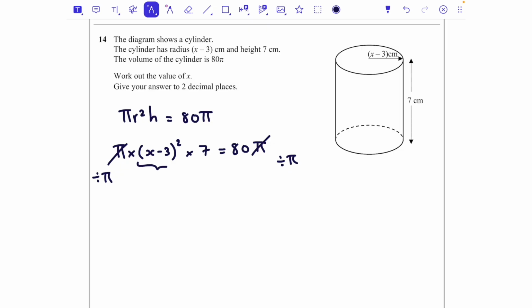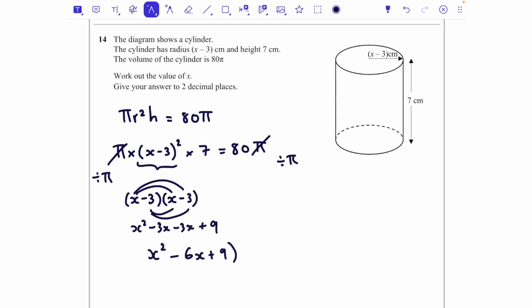When we have a bracket squared, you need to write that bracket out twice and expand it. Don't fall into the trap of just doing x squared add 9. So it's going to be x squared minus 3x minus another 3x add 9. And that is x squared minus 6x add 9, except it's all being multiplied by 7 from here, and that equals 80.